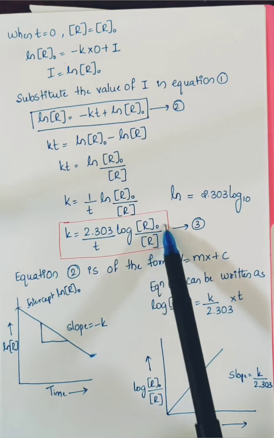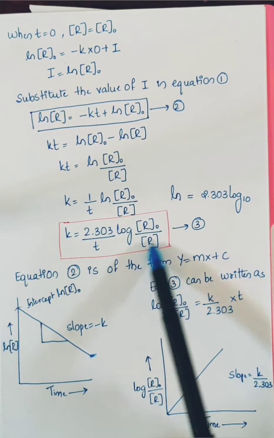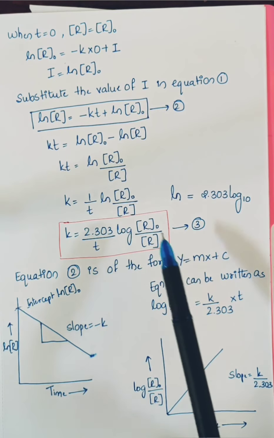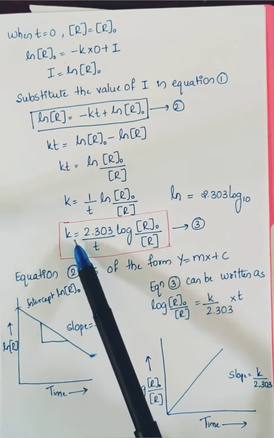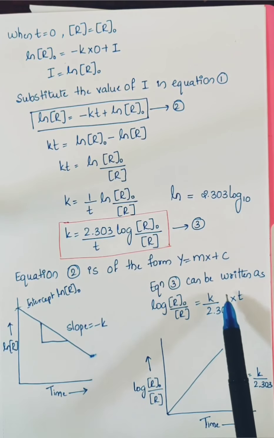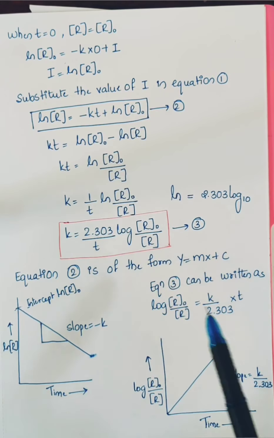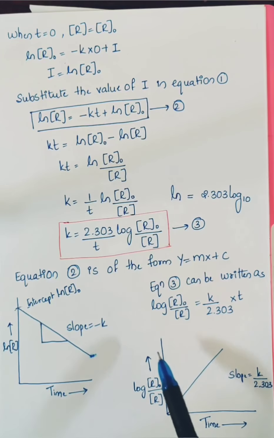Okay. So if you take this equation 3, this can be written as log of R naught upon R is equal to K upon 2.303 into t. I have just rearranged this equation so that I can plot a graph of log R naught upon R versus time.